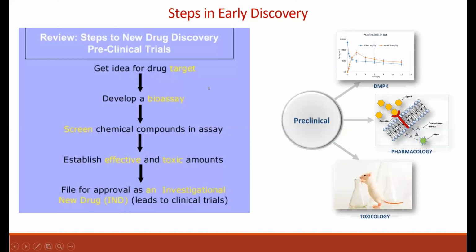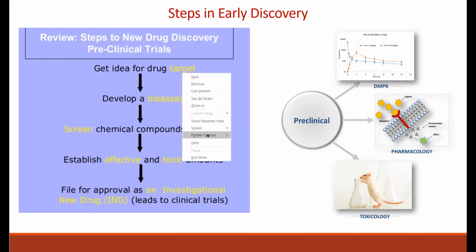So I'm just going to go into the steps in early discovery. The first and the foremost step is to get an idea for a drug target. And then you have to develop a bioassay for this target to prove that this is your proof of biology, this works. And once that happens, then you start to screen and develop a screening assay, develop a PD assay, develop a binding assay.